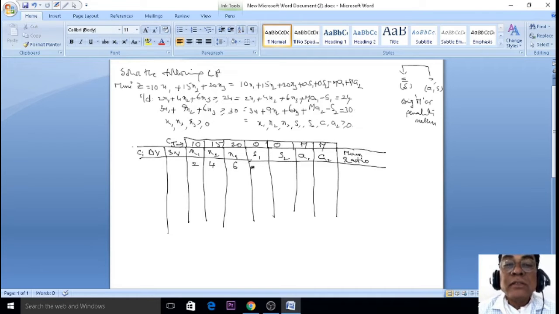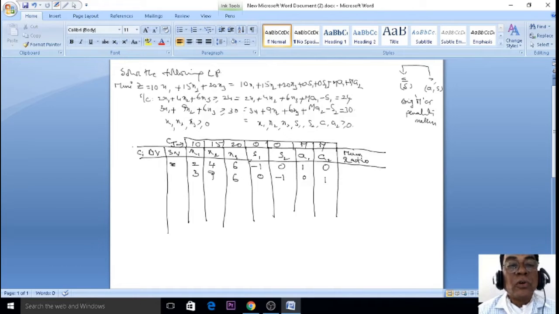Understand? -1 for S1, 0 for S2, 1 and 0. Go to the second equation: 3, 9, 6, no S1, but S2 is -1, 0, 1. Equal values are called the solution values.